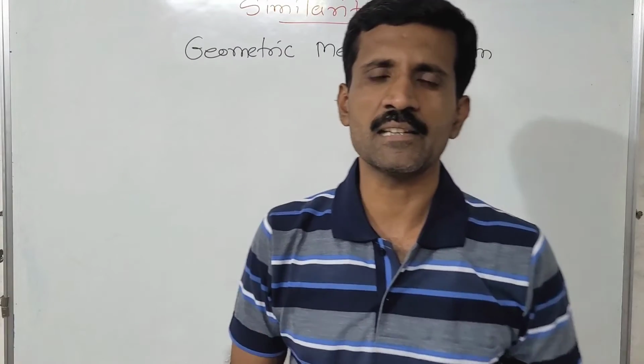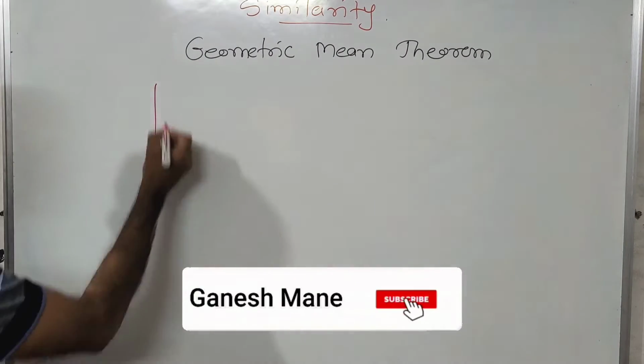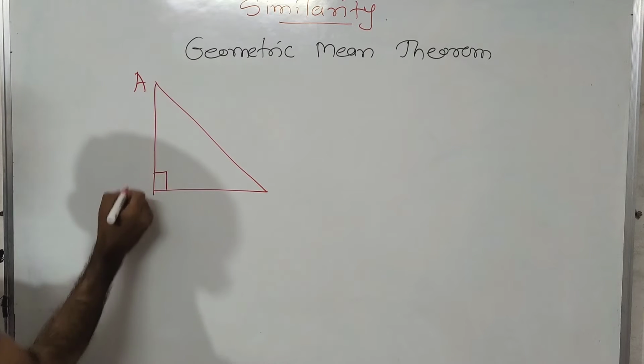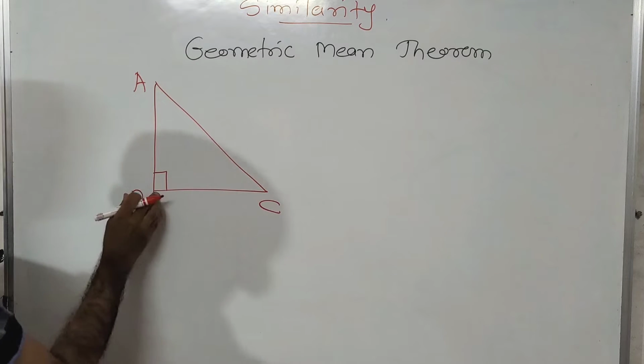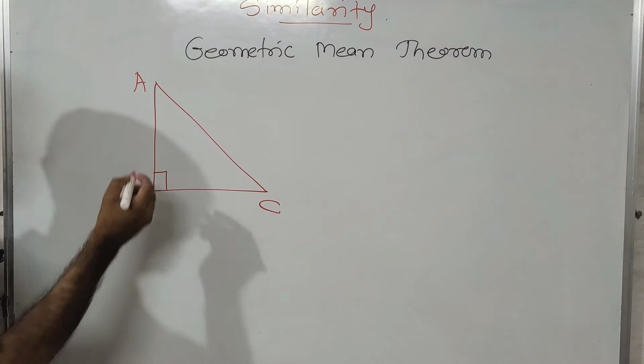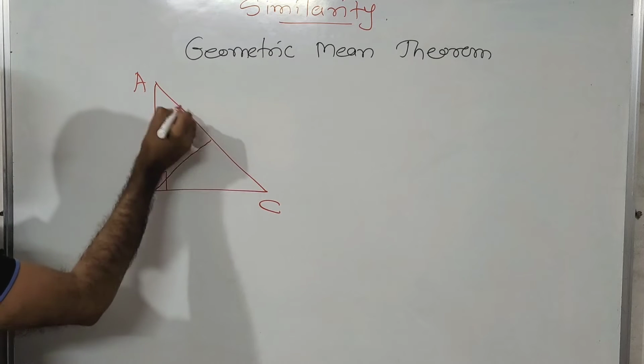So to understand this, let us consider one right angle triangle. Suppose this is a right angle triangle ABC where angle B is 90 degree. Now if we draw a perpendicular from angle B on the hypotenuse AC.